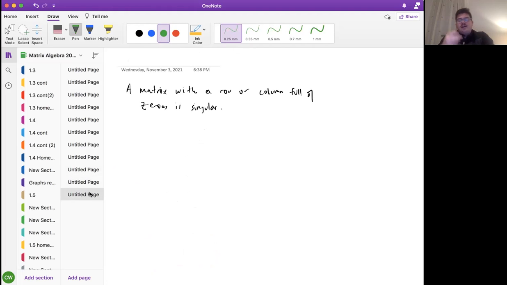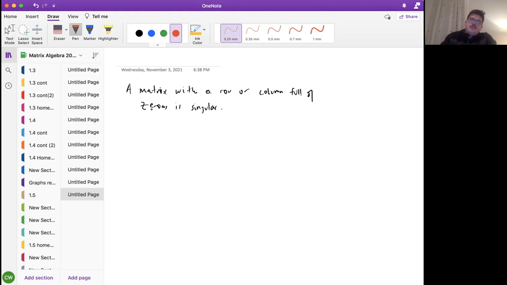And oh yeah, okay. So very last thing before we finish 2.1, let's think about this. We talked about this before, right? A matrix with a row or column full of zeros must be singular. Can someone say why that's true again? Not based on what we've done today, based on other things we've talked about.